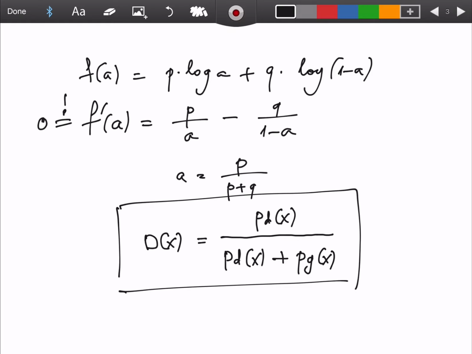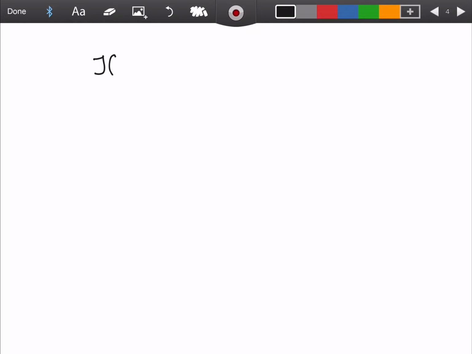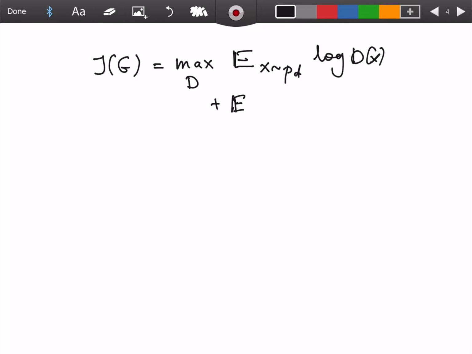Let's now substitute it back into the value of the objective. J_G was the maximum over D of that expectation: the expectation over x coming from PD of log D(x) plus the expectation over x coming from PG of log(1 minus D(x)). And now we have a closed form for D(x), the solution that realizes this maximum.